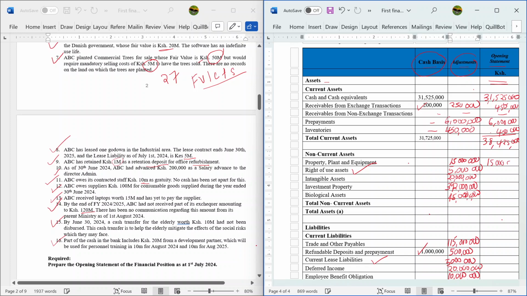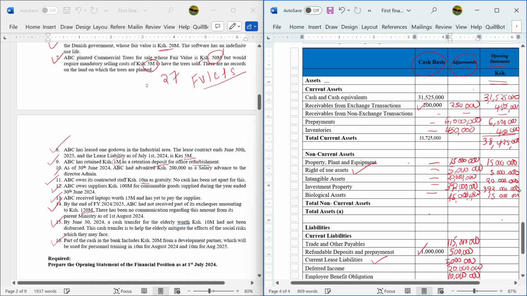15 million, because here is zero. All of these transactions are zero. Again, right of use is 5 million. How much is our intangible assets? 20 million. Remember we said cash basis plus adjustment will give you the opening balance. How much is our investment property? 392 million. How much is our biological assets? 15 million.